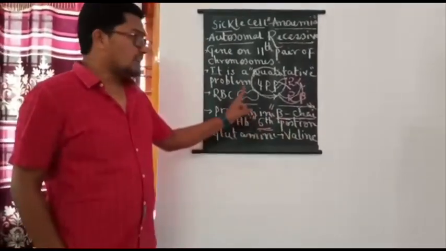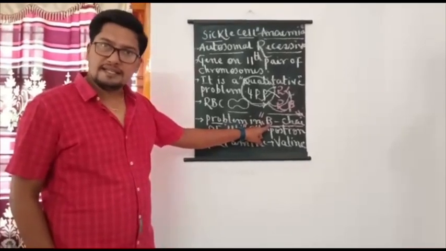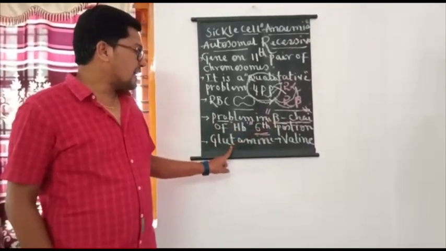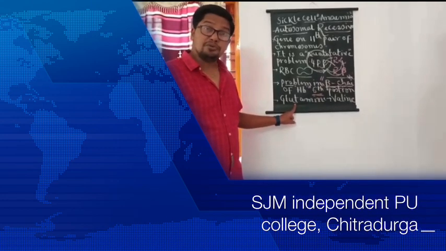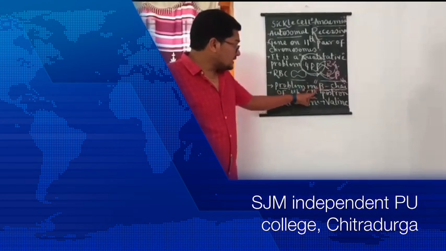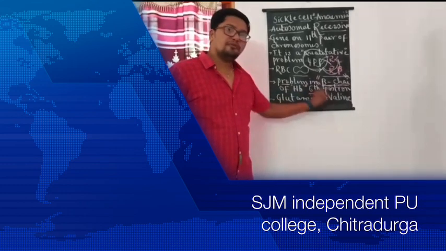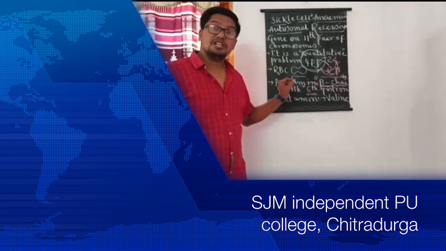Means, in healthy hemoglobin in the beta chain, at the 6th position, which amino acid should be present? Glutamine should be present. But in sickle cell anemia, in the beta chain at the 6th position, glutamine is replaced by valine due to a gene mutation.